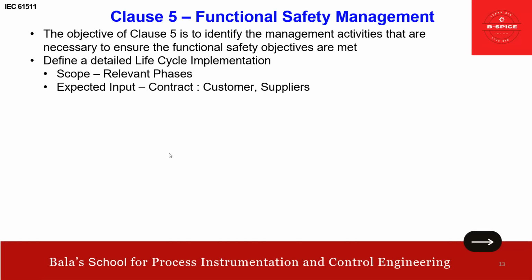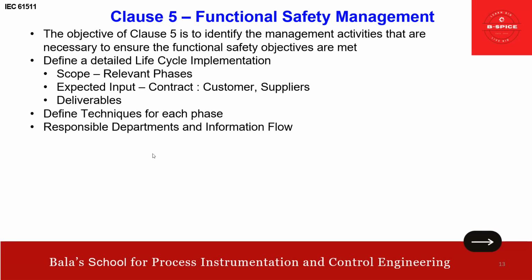Expected input, in the sense of customers and suppliers, also comes under functional safety. Then deliverables, the documents, logic, all these. Then define techniques for each phase, responsible department and information flow, competency and training. All this comes under clause 5.